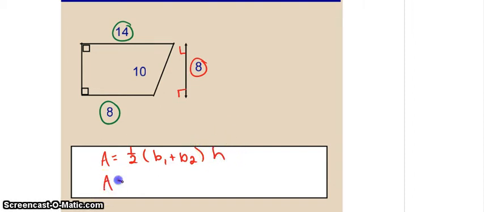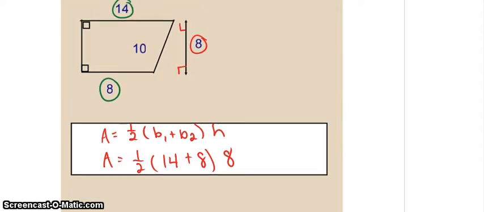So area equals 1/2 times (14 plus 8) times 8. So now I just put that straight into my calculator to get area equals 88. And it would be units squared.